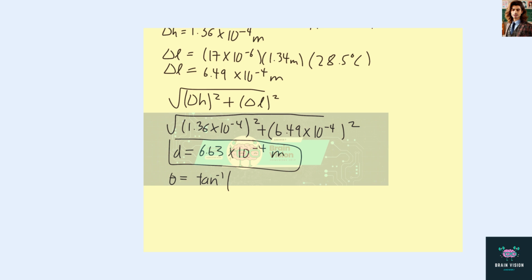So theta is the inverse tangent of delta L over delta H, which is equal to the inverse tangent of 6.49 times 10 to the negative 4 over 1.36 times 10 to the negative 4. And you should find that the direction of displacement in this case is equal to 78.2 degrees.